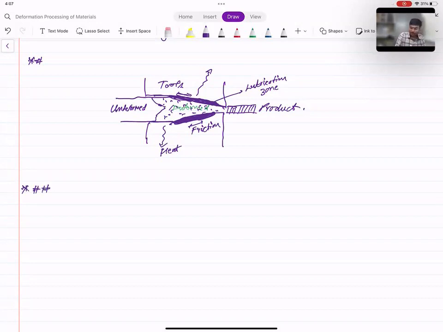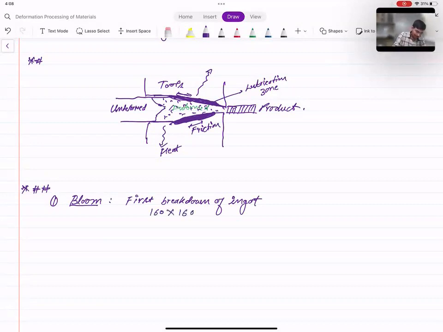Let us first see what is a bloom. Bloom generally has a square cross section, and this is the first breakdown of an ingot. It has a cross section of about 160 mm by 160 mm.